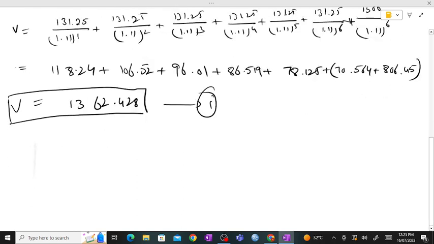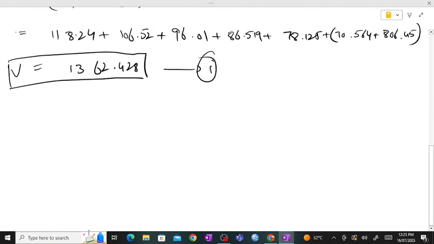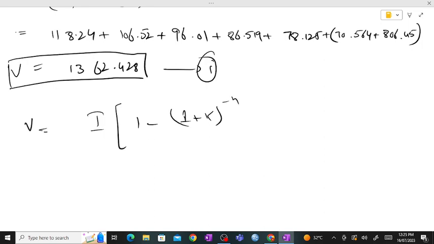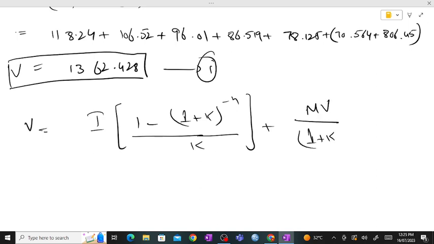Now move on to formula number 2, that is V is equal to I times (1 minus (1 plus K) power minus N) divided by K, plus MV divided by (1 plus K) power N. Just put in the values.